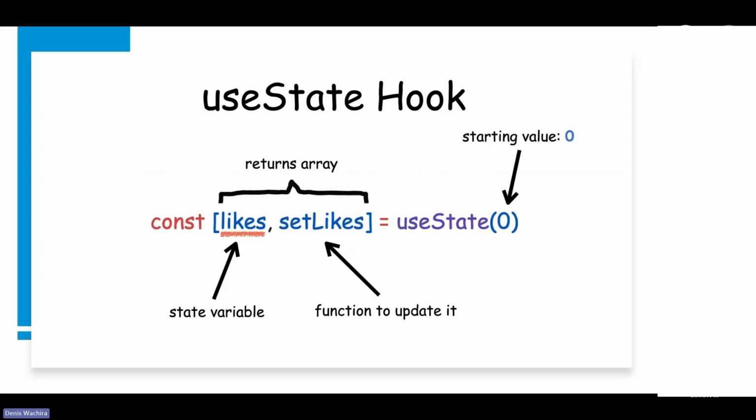It's very simple. You call the function useState and it returns an array of two things. Those two things are the state, which is the variable, and the setter function. That setter function helps you to update the state or the variable that we have.